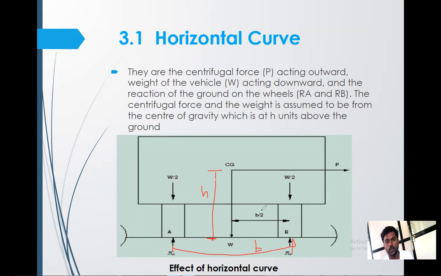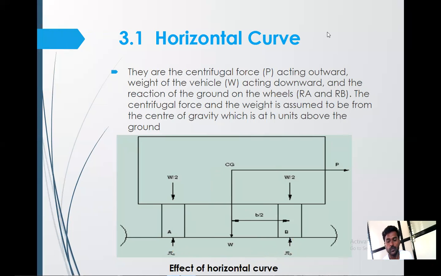These two are very important: wheelbase small b and height of CG small h, because the formulas for overturning as well as for skidding depend on h and b.